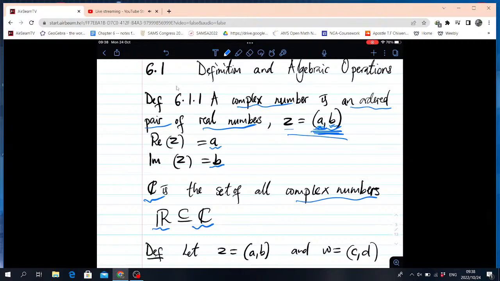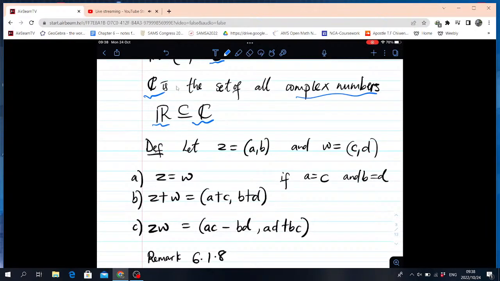So before we go on to the nicer notation, we are going to define what it means for two complex numbers to be equal, and how to add complex numbers and how to multiply complex numbers, right? So, equality. Suppose you've got two complex numbers, Z and W, which are the ordered pairs (A, B) and (C, D).